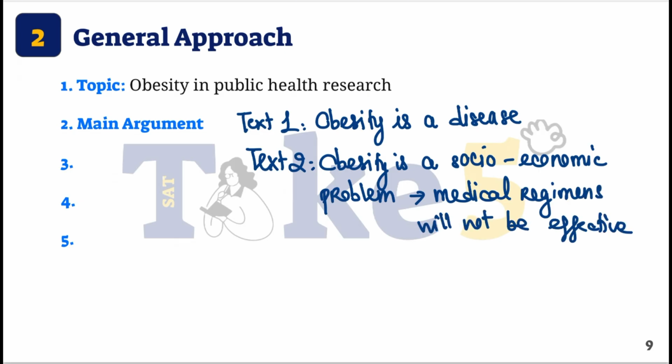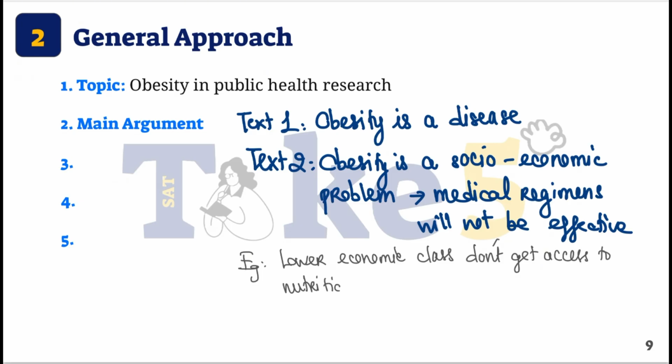In other words, no matter if we research a medical treatment to cure obesity genetically or through nutrition and supplements, it is a more systematic problem, like how lower economic classes don't get access to nutritious whole food but can only resort to processed and fast food, which are the reasons behind obesity. These two passages talk about obesity in two different ways.